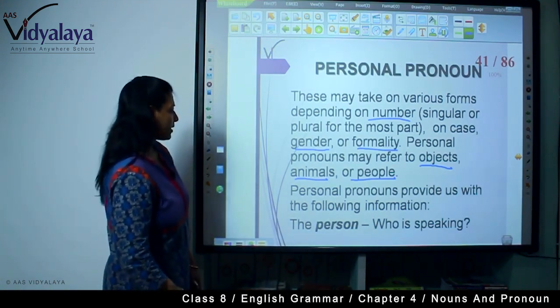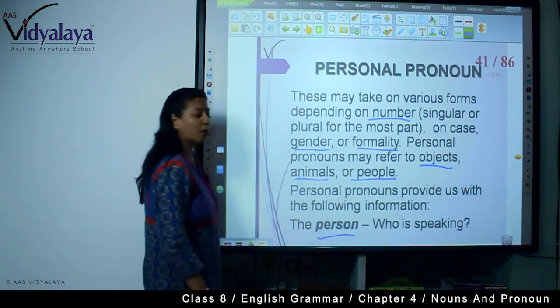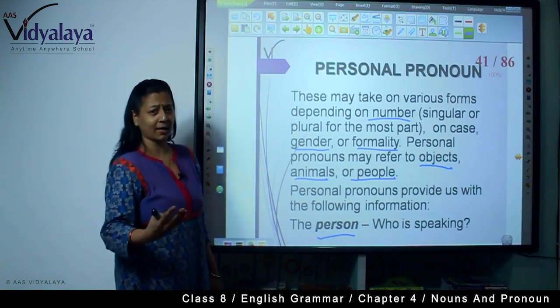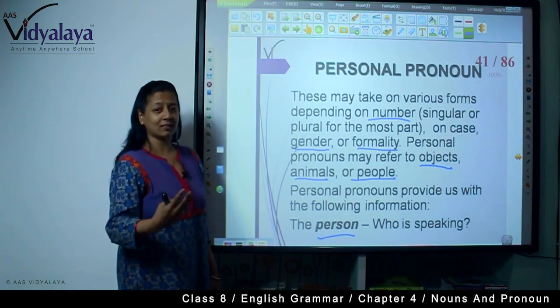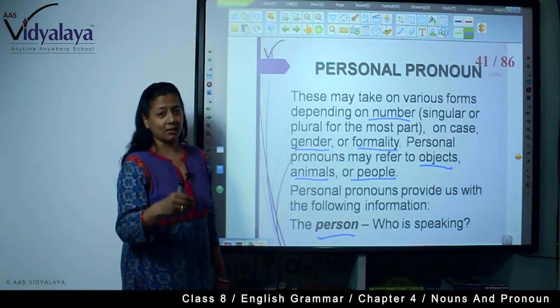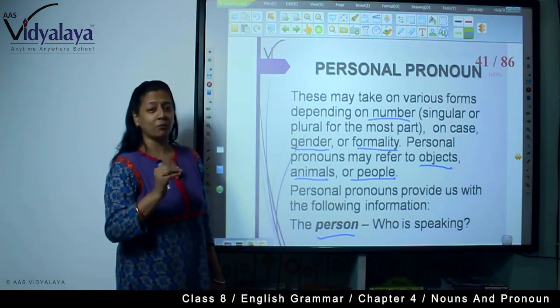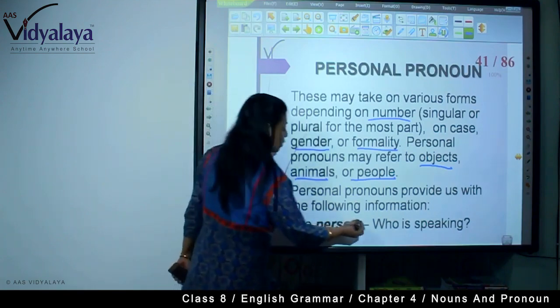Personal pronouns provide us with the following information. The person who is speaking: you can say he is speaking, she is speaking, they are speaking. So you can understand whether the person is singular, female or male, or whether the number of persons is more than one. So we can say who is speaking.